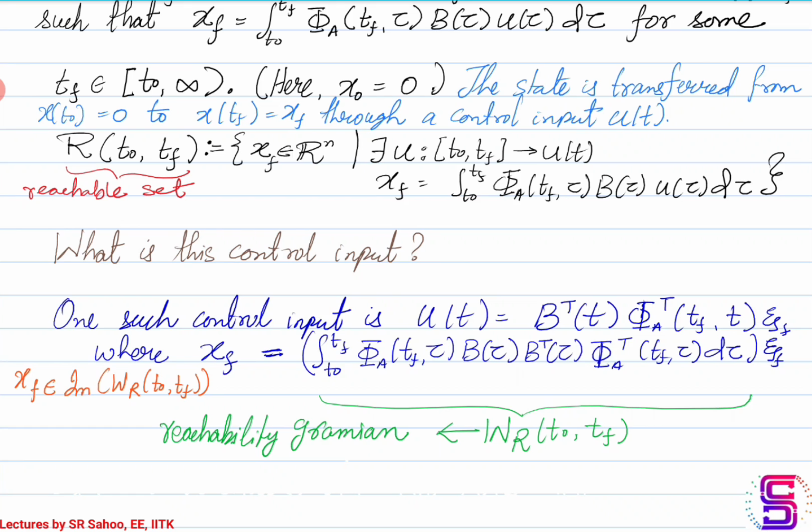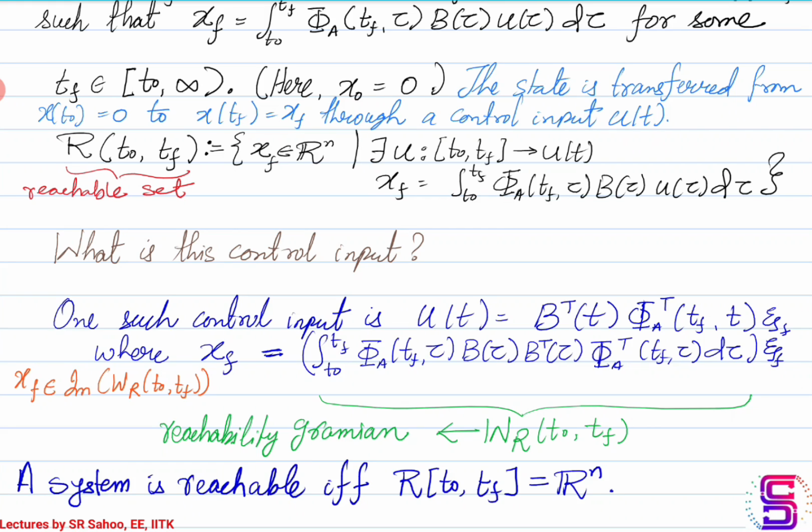So if you substitute this in the zero state response expression for xf, because xf is considered to be a reachable point. What we are trying to see is, if xf is a reachable point, what can be a possible corresponding control input. The possible corresponding control input can be this B transpose phi transpose psi F.